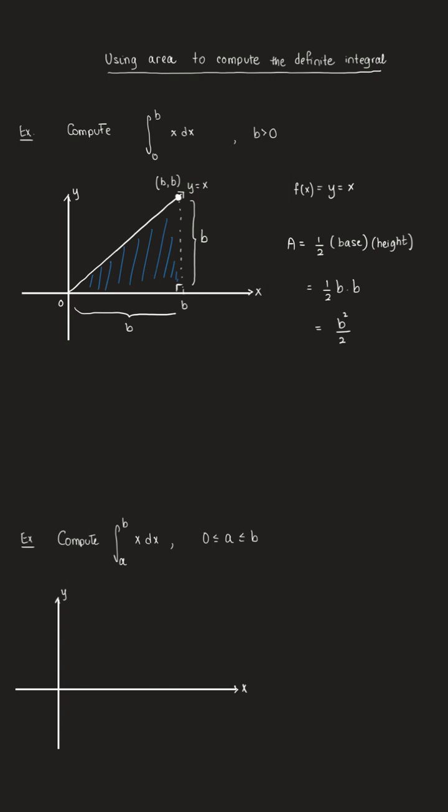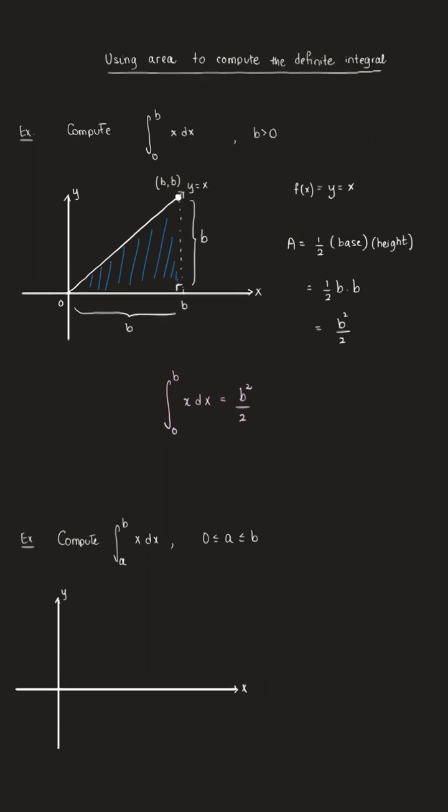So we can state here that the integral from 0 to b of our function x dx is b squared over 2. Now, we don't need to memorize this or anything. This is something that you can recreate yourselves because I know you know the area of a right triangle, but I'm just showing you how we can use areas right now to evaluate some definite integrals.